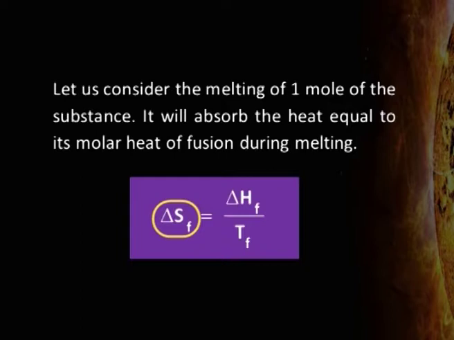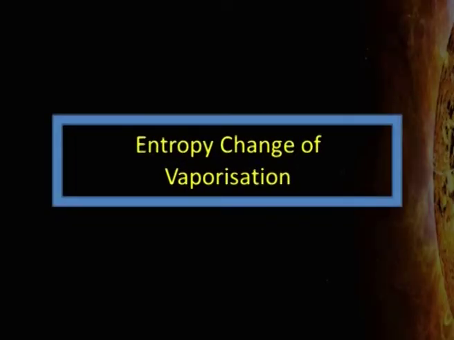delta SF is the change in entropy of fusion. Now we will discuss entropy change of vaporization. If 1 mole of the substance vaporizes at its boiling point, it will absorb heat equal to molar heat of vaporization at a constant temperature, which will be equal to its boiling point.